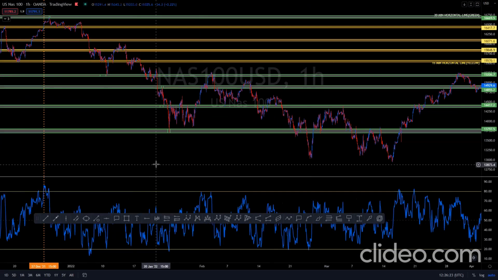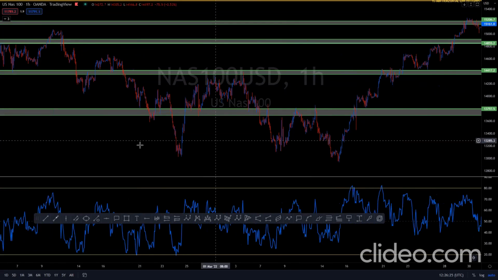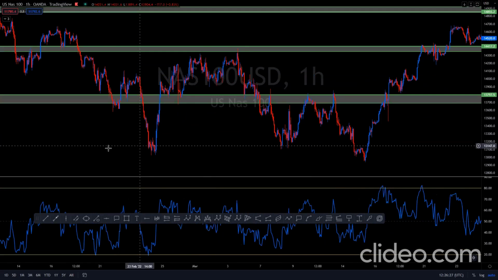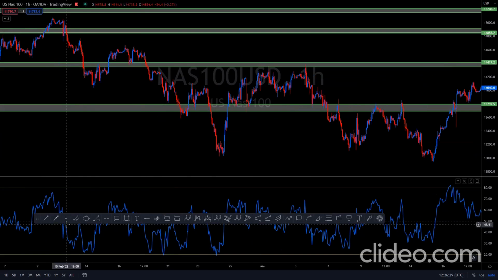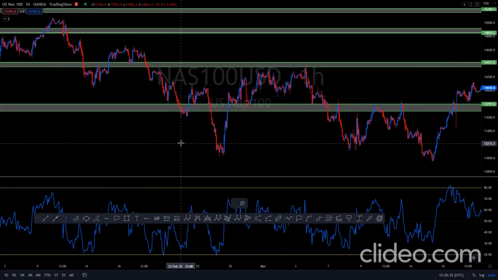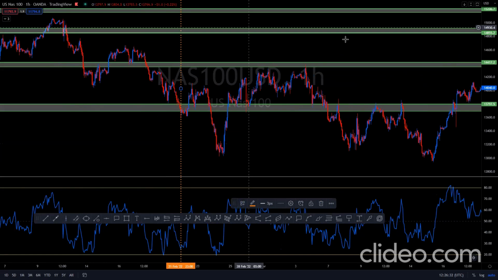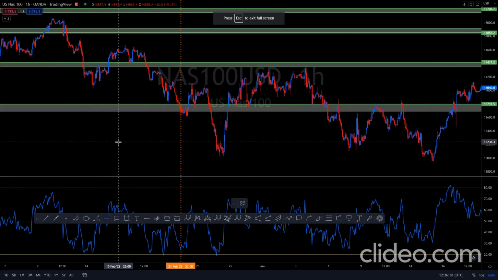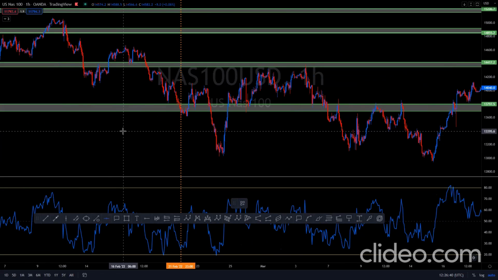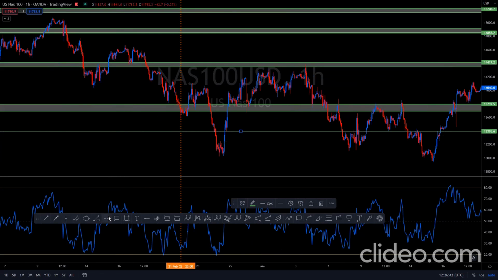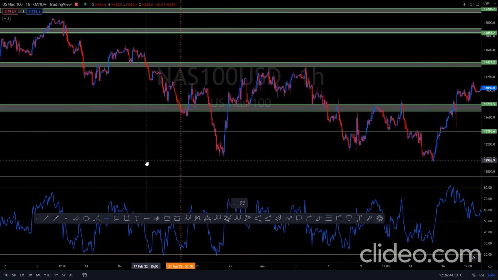So of course, it's the last vertical line, and we're going to mark up these here. So I'll put my vertical line here. Then put one here, put one down here.